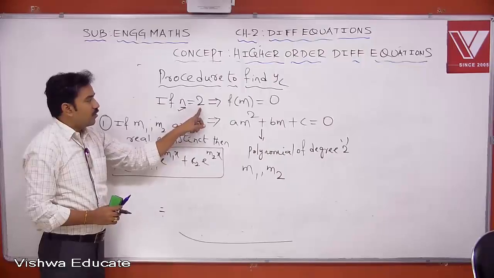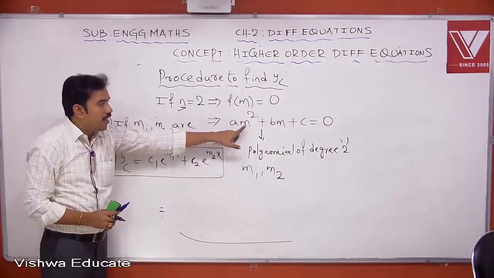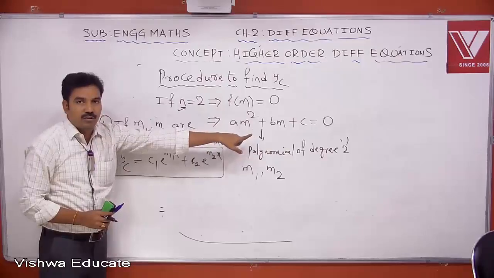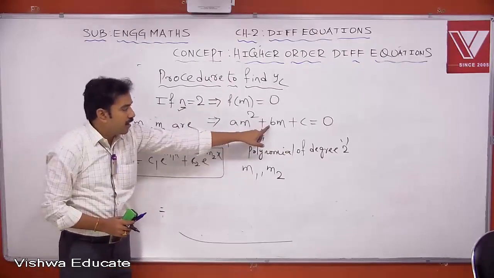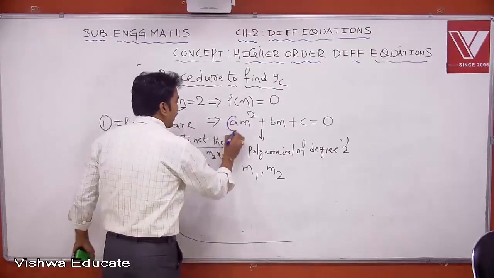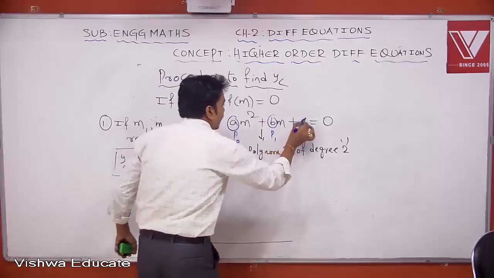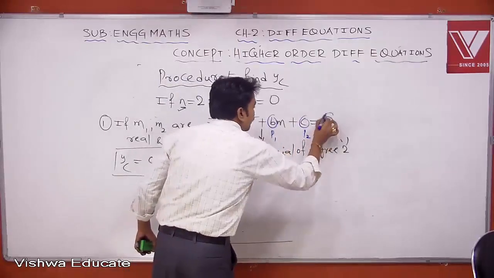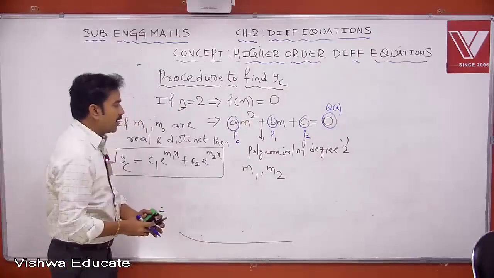So when you take n equal to 2, the auxiliary equation f of m equal to 0 will be in the form am square plus bm plus c equal to 0. Actually this a is nothing but p naught, this b is p1 and this c is p2. Now you compare this with equation 1, it will be very simple.